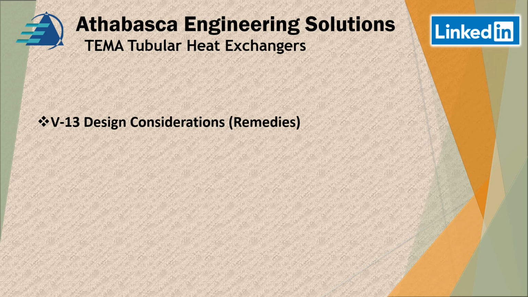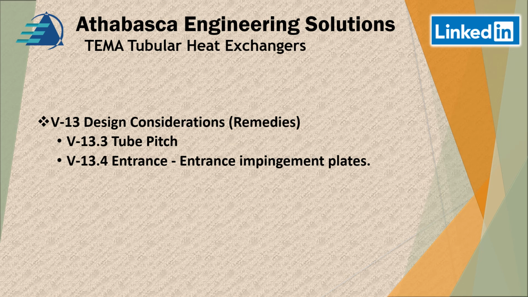Design considerations include changing the tube pitch to reduce vibration. Another strategy is the redesign of the entrance impingement plates, and I think there's a little bit of discussion also about the exit design to reduce it. Also, the U-bend regions design can help reduce those issues as well.